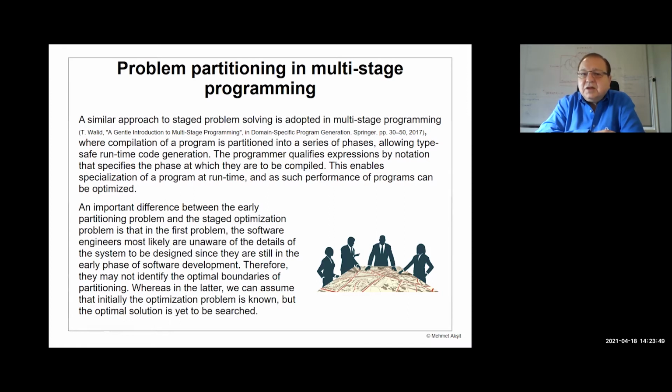Therefore, they might not identify the optimal boundaries of partitioning. Whereas in the latter, we can assume that initially the optimization problem is known, but the optimal solution is yet to be searched. So multi-stage programming is quite different from the early partitioning problem.